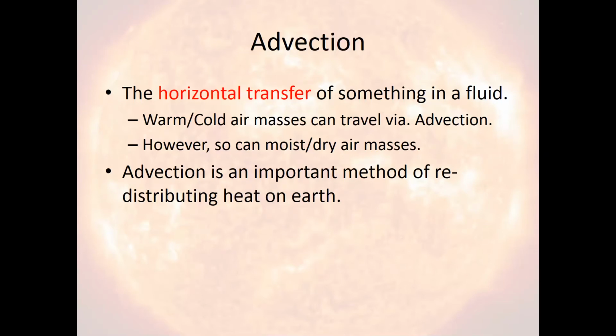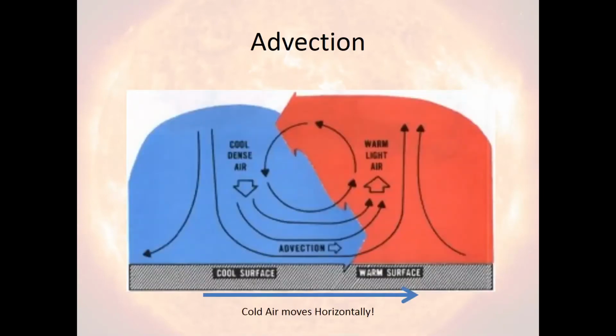Advection is really important when talking about heat distribution on Earth. And advection looks something like this. When you have cool air pushing in and warm air being pushed away, that's what we call cold air advection.